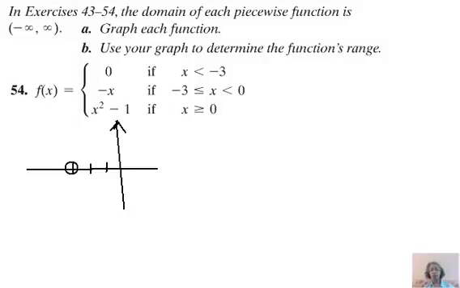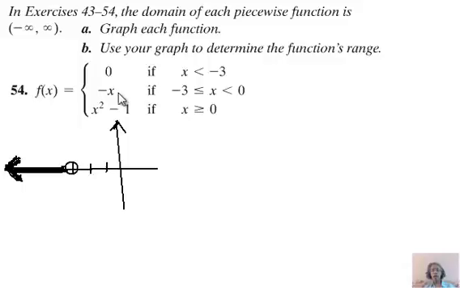And then I have this portion shaded to the left. And since f of x equals 0, my y is 0, notice that that means I'm on the x-axis for all x's that are smaller than -3.